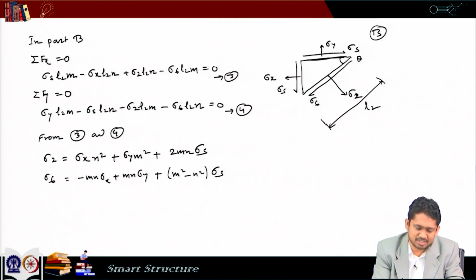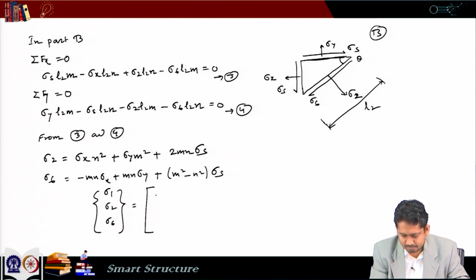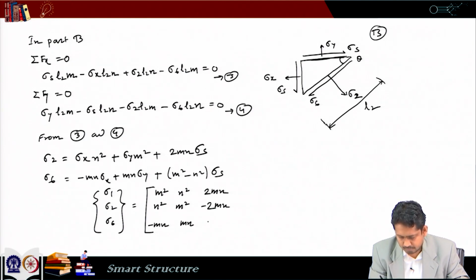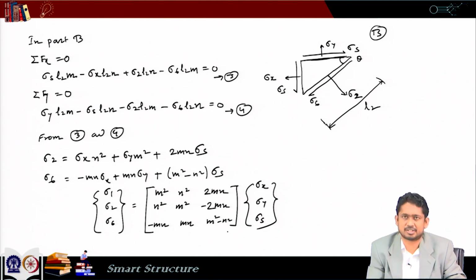So, now we have got sigma 1, sigma 2, sigma 6 all in terms of sigma x, sigma y and sigma s and m n. So, by solving these two, if we write this in a matrix form, it looks like this. So, this is our stress transformation.